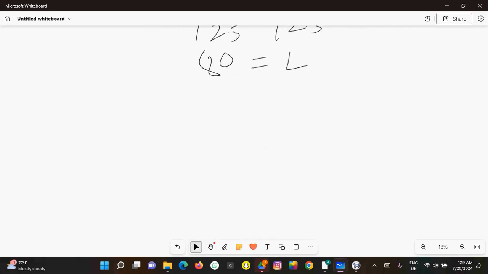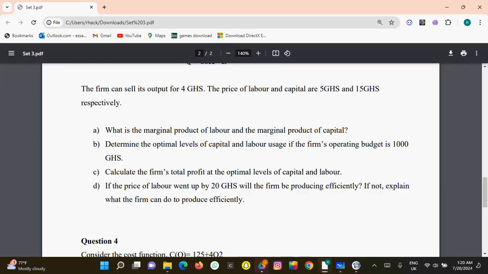So L is equal to 80 and K is equal to 40. As the question asks, what would be the optimal level of capital and labor if the firm is operating?